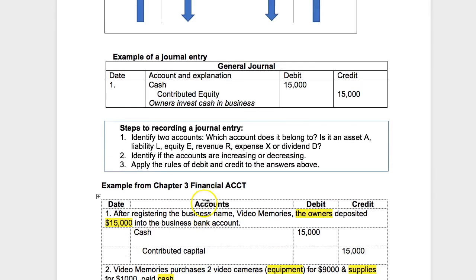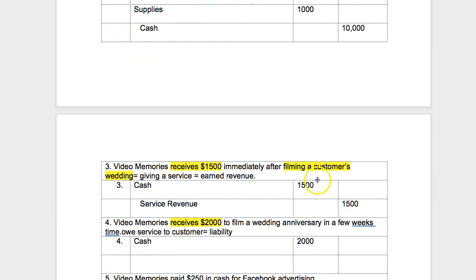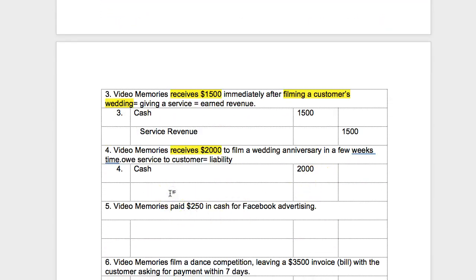Now, if we go up to our rules of debit and credit, here is liability. When the liability increases, this is always a credit. So when we owe more money or owe more services to the customer, the liability goes up. This will always be a credit, and that is the space I have. I'm going to write here unearned service revenue.